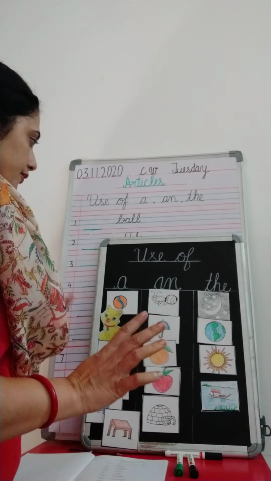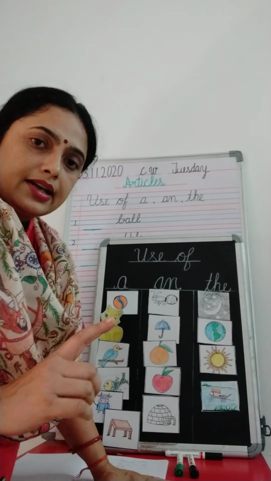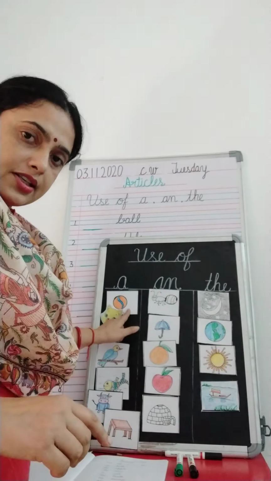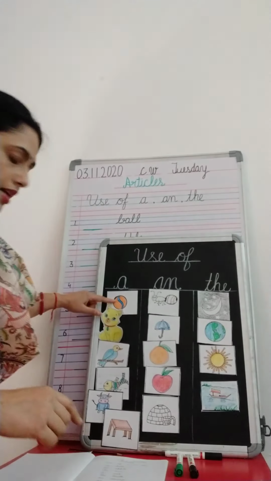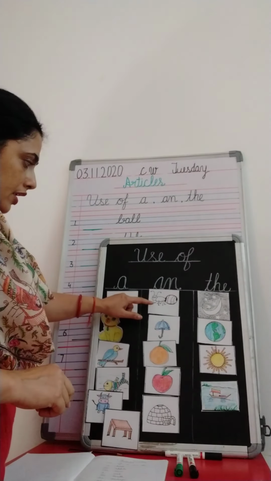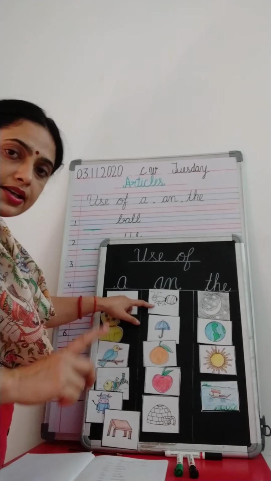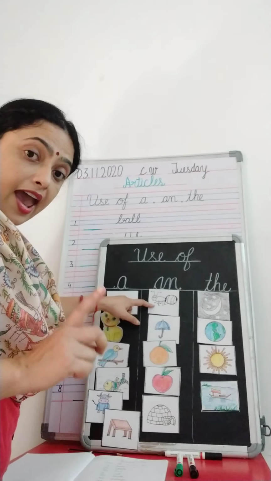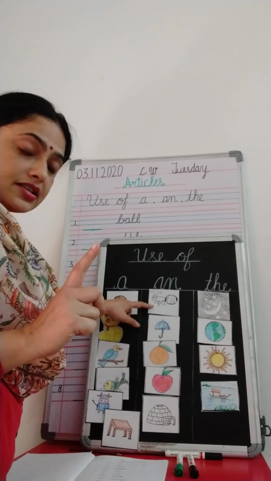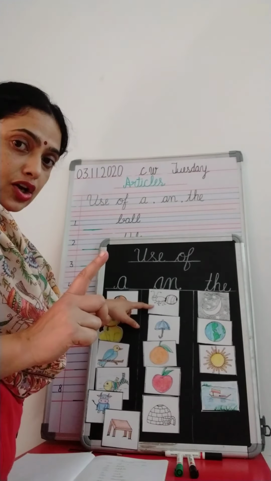Now, babies, when we use in a sentence that what is this, how you are going to use this in a sentence? This is a ball. This is a ball. Now what will you say for this? This is an ant. Now we will not say a ant. Okay.